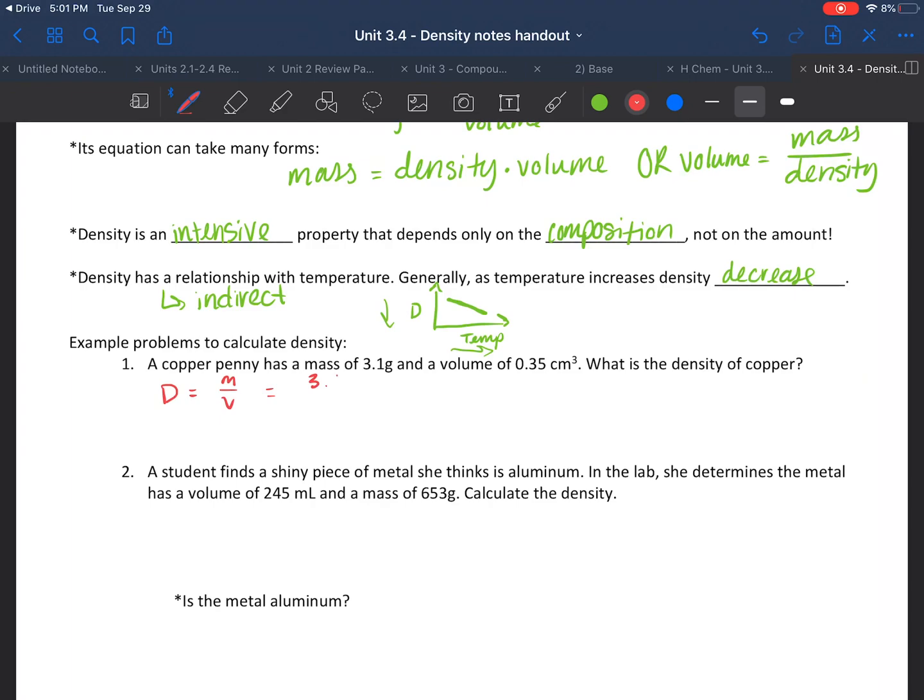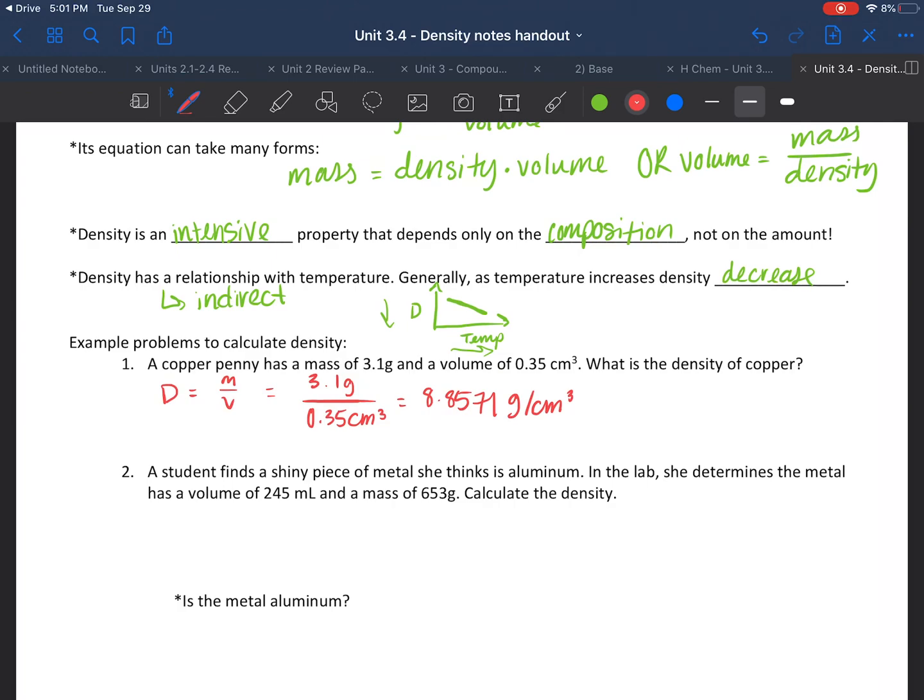So if we plug in 3.1 grams, recognizing that's our mass, because grams is the unit of mass, dividing it by 0.35 centimeters cubed, or our volume, we then would get 8.8571 grams per centimeters cubed.